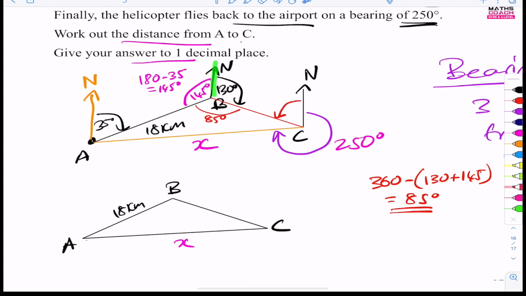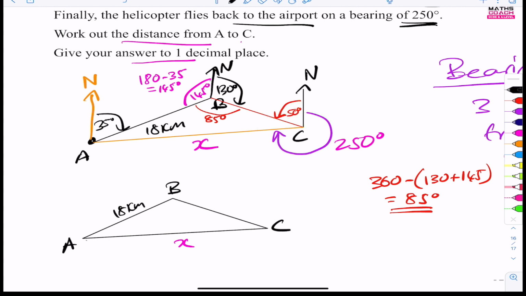Now we can also find this angle right there, again using the same rule. These are two parallel lines, so these two angles are going to equal 180. So this is 180 take away 130, and that gives us 50 degrees. See why we did this? We can find this angle right there, because we know this is 250 and we now know that this is 50.